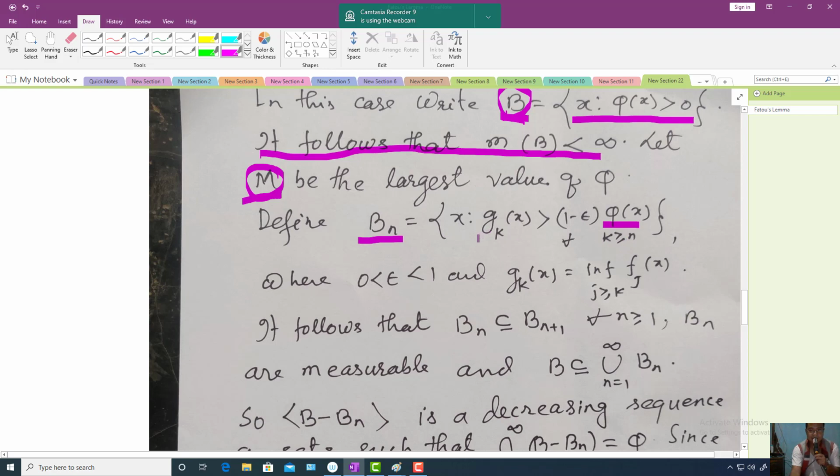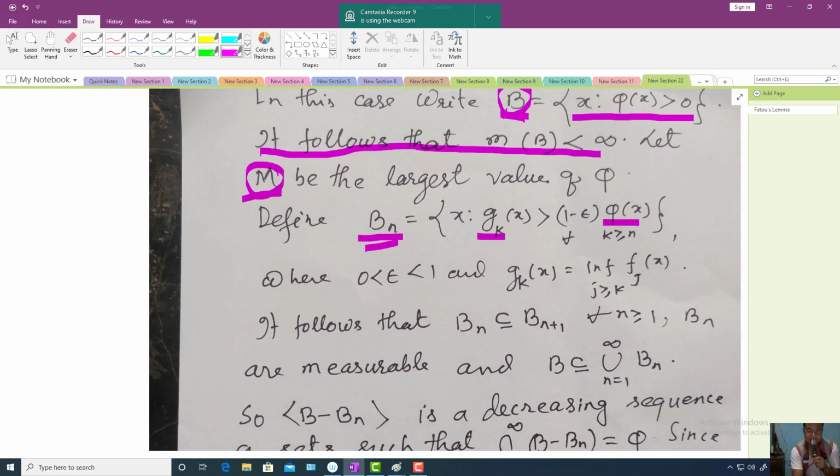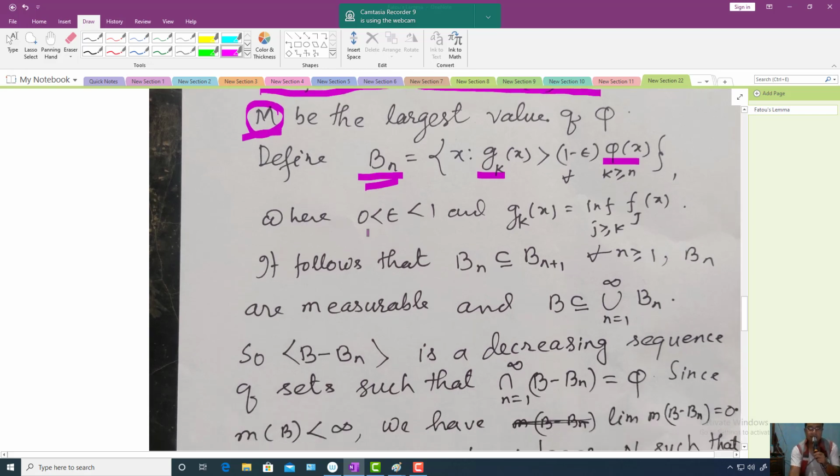Then, since g_k is measurable, this Bn is also measurable. Epsilon is a very small number, less than 1, greater than 0, and g_k x as we defined above is equal to the infimum over j greater than or equal to k of f_j x.